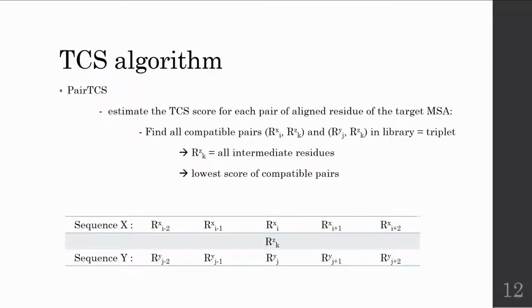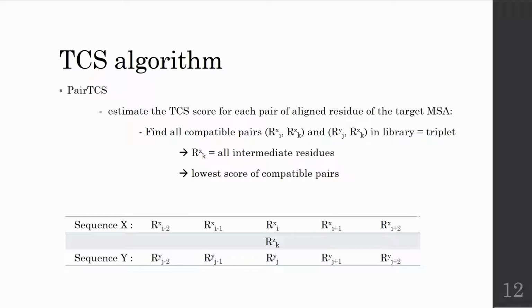Now, first of all, the first score is the pair TCS, and from this score they will derive the residue TCS and the column TCS. So this score, the pair TCS, is the estimation of the TCS score for each of these pair aligned residues of the target multiple sequence alignment.